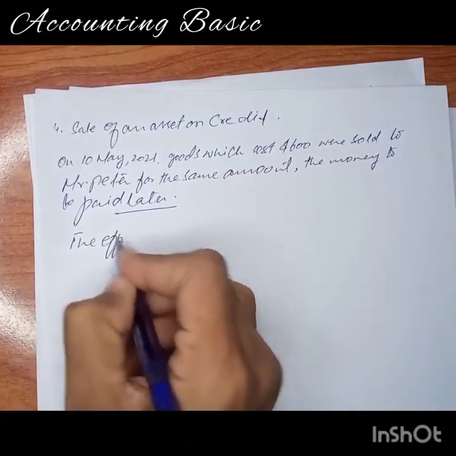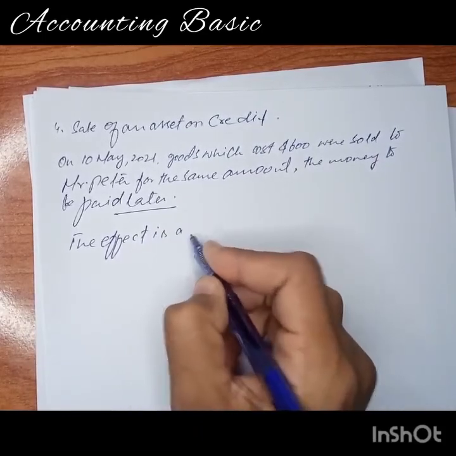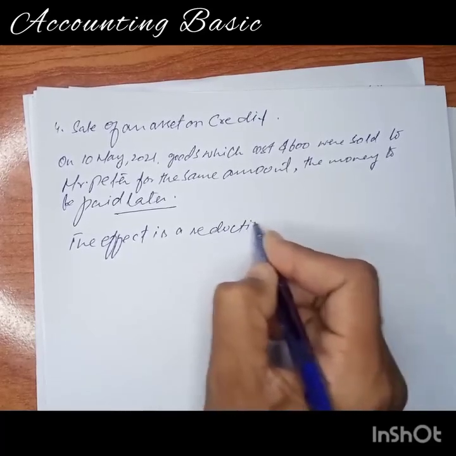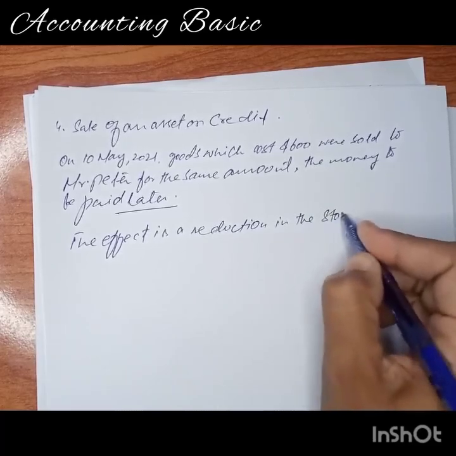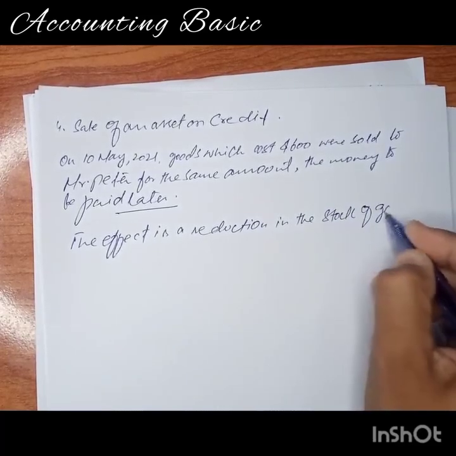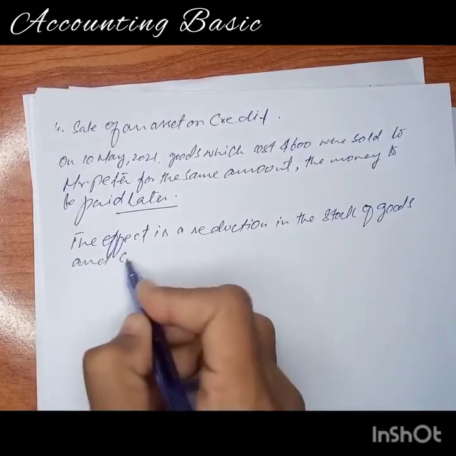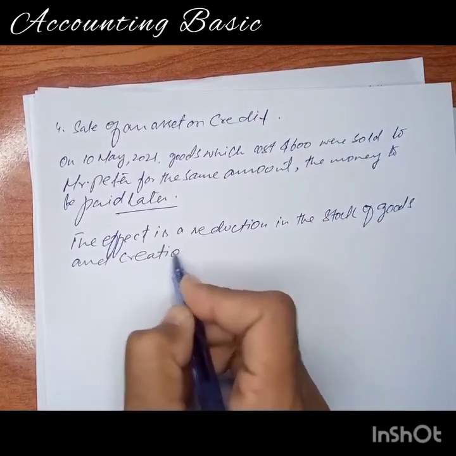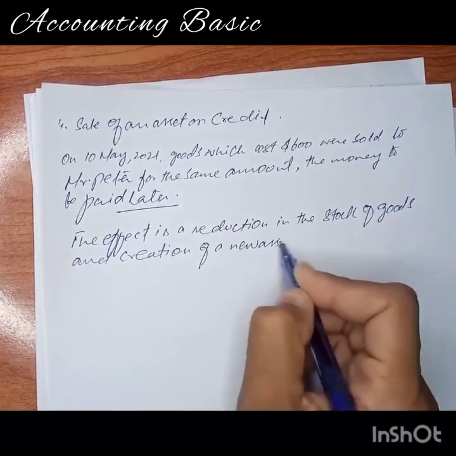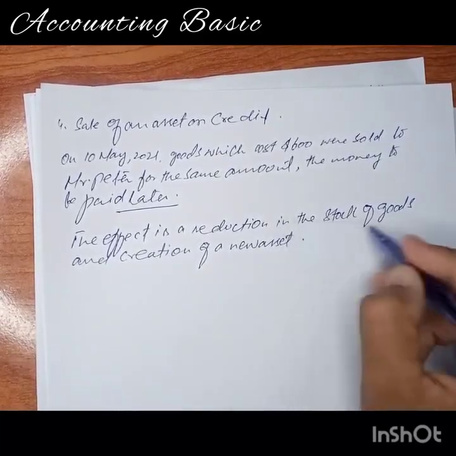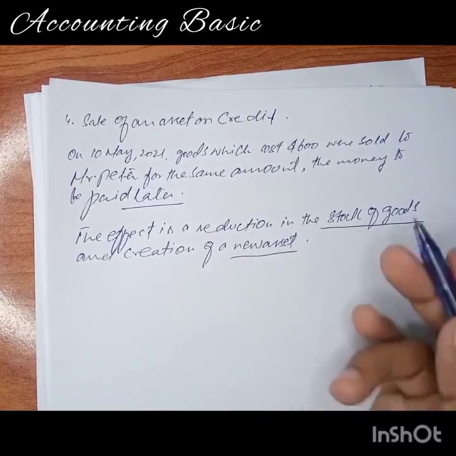The effect is a reduction in the stock of goods and creation of a new asset. Reduction in the stock of goods and the creation of a new asset, okay?